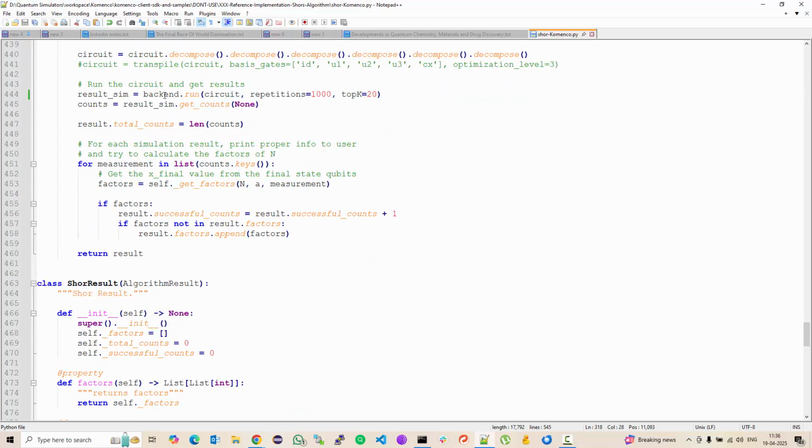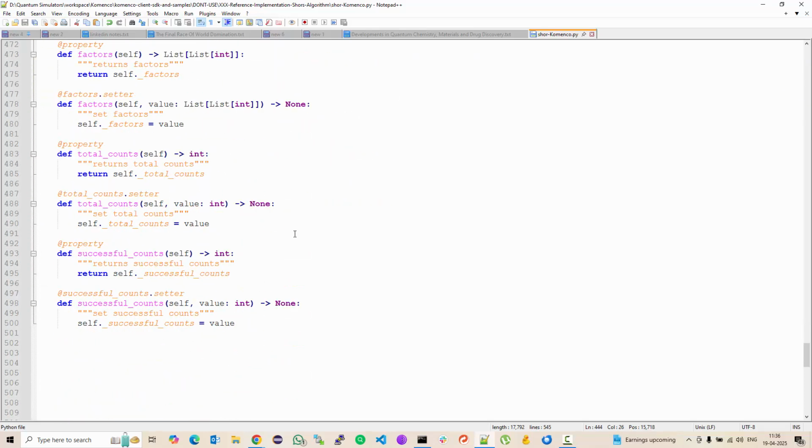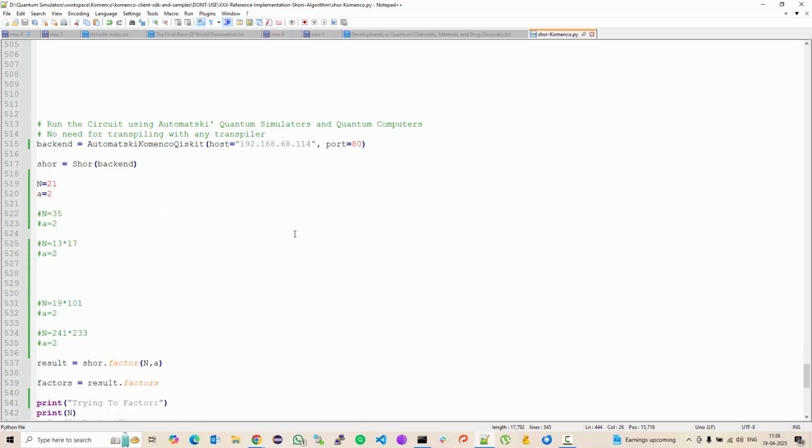and this is where we run it on the Automatsky quantum computer circuit. Repetitions is equal to 1000 shots, top k is equal to 20, which means get the top 20 results from the histogram. And here we declare the backend, Automatsky quantum computer running on this IP address and port number 80.